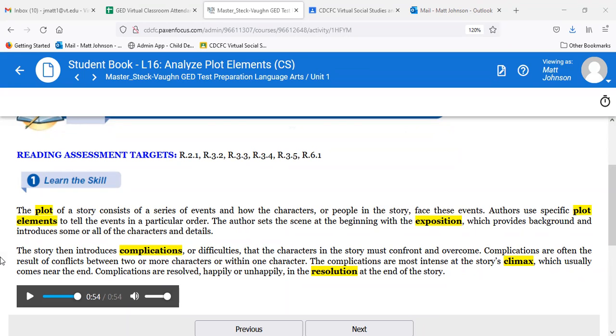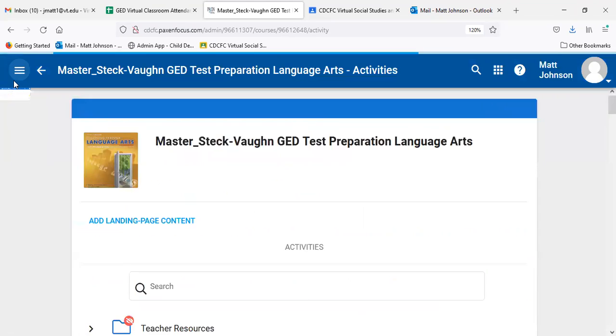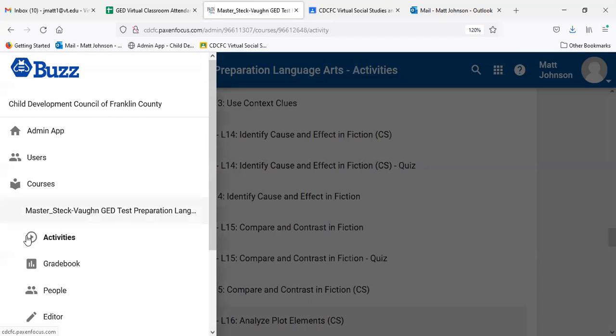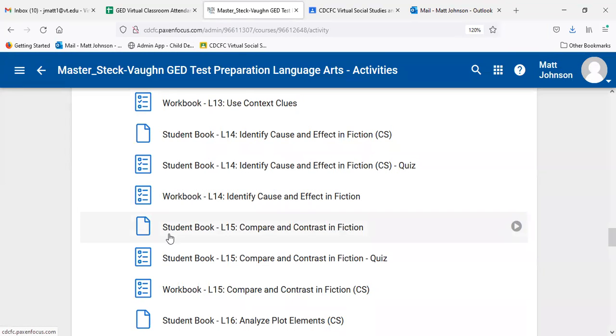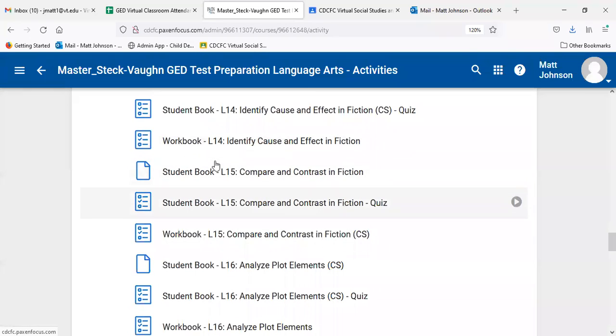Excuse me. Can I say something? Sure. I don't know if I'm behind. I think we are in lesson 15. Let me take a look here. Did we not do compare and contrast yet? We did cause and effect last, didn't we? And then we're supposed to do compare and contrast. Okay, Lola, we'll stick with lesson 16. Tomorrow we'll do lesson 15. I skipped ahead.